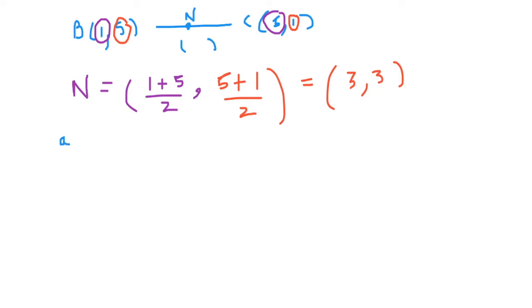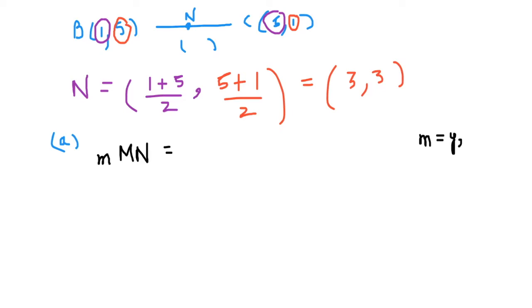So for the first part, I have to show that MN is parallel to AC. For that, I'm going to find the gradient of MN first. The gradient formula is m, where m stands for gradient or slope.